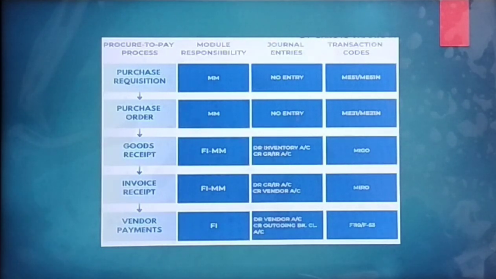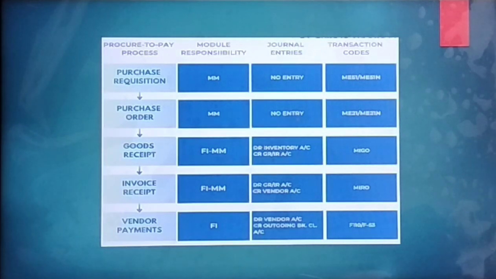The P2P cycle starts with the activity called purchase requisition, and you can see the responsibility is with the requester. We will not get any journal entry once you raise the purchase requisition, and the T code is ME51N.